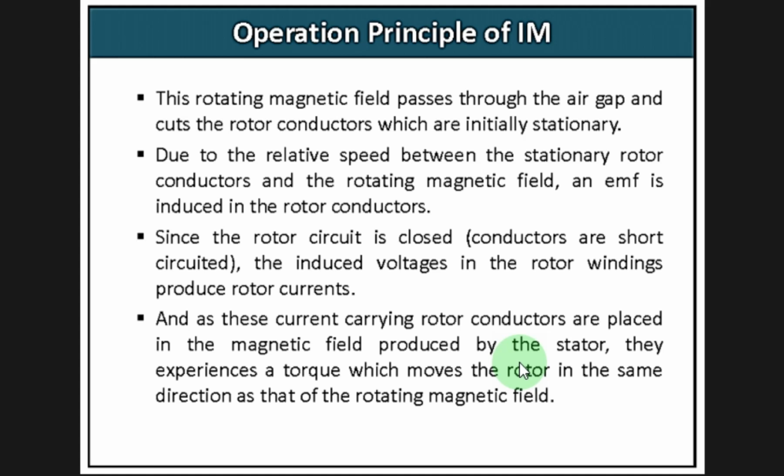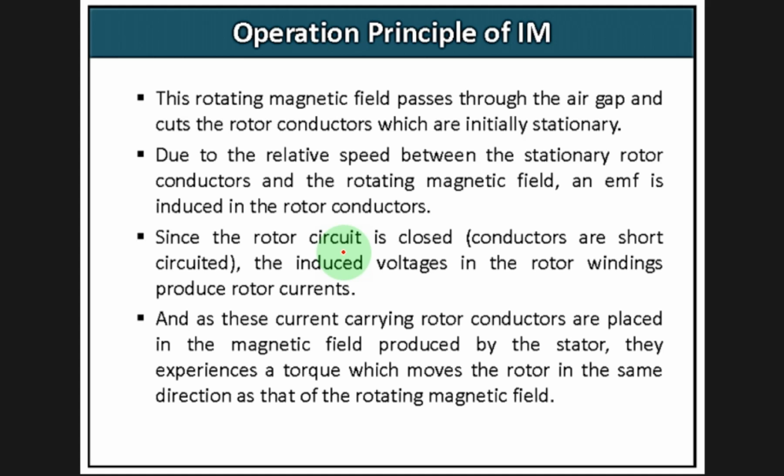Due to the relative speed between the stationary rotor conductors and the rotating magnetic field, an EMF is induced in the rotor conductors. Since the rotor circuit is closed, as I said, the rotor conductors are short circuited from the two end rings, the induced voltage in the rotor windings produces rotor currents. So now a current will flow on the rotor bars.